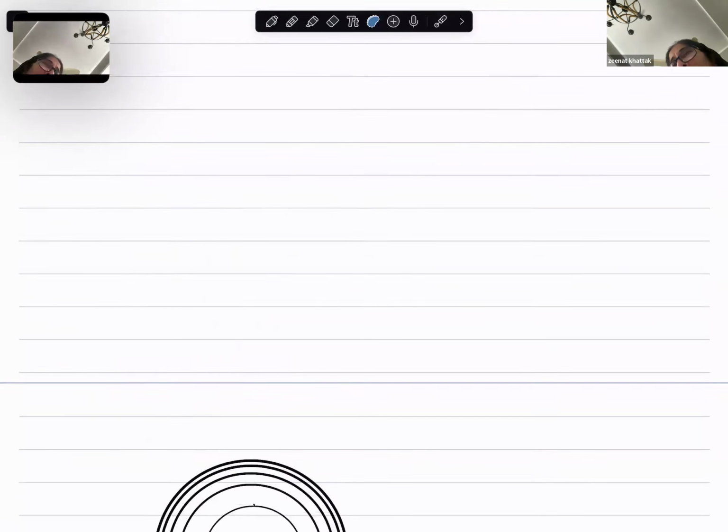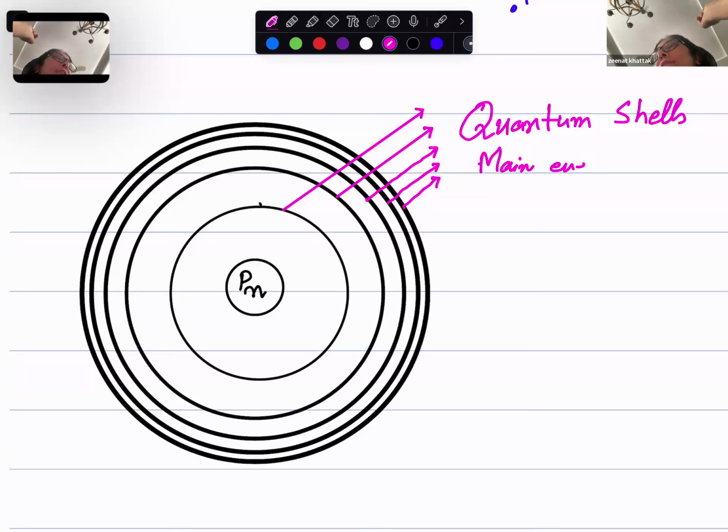which are called main energy levels. Main energy levels. These are spherical, not circular. These are spherical.